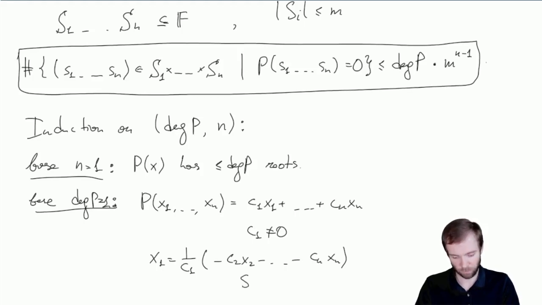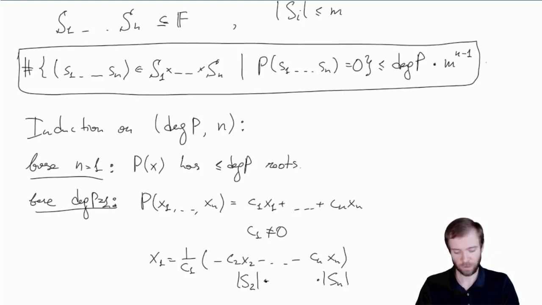So if we have cardinality of S2 choices for x2, up to cardinality of Sn choices for xn, the number of choices for all the values of the x's is the product of the cardinalities.